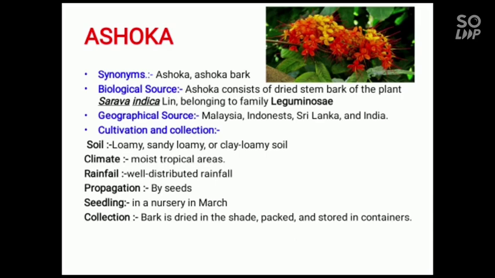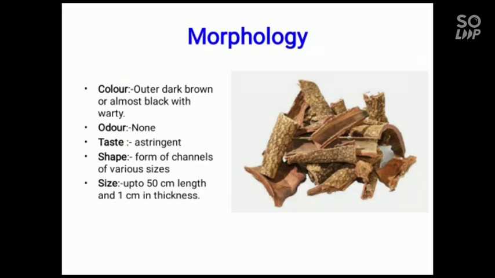It requires loamy, sandy loamy or clay loamy soil. Climate should be moist tropical areas. Rainfall is well distributed. Propagation is done by seeds. Seedling in a nursery in March. Collection is done; the bark is dried in the shade, packed and stored in containers.